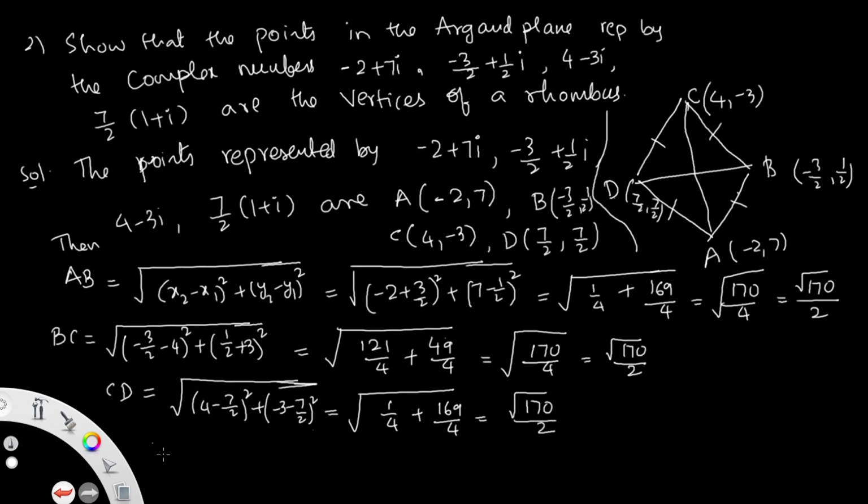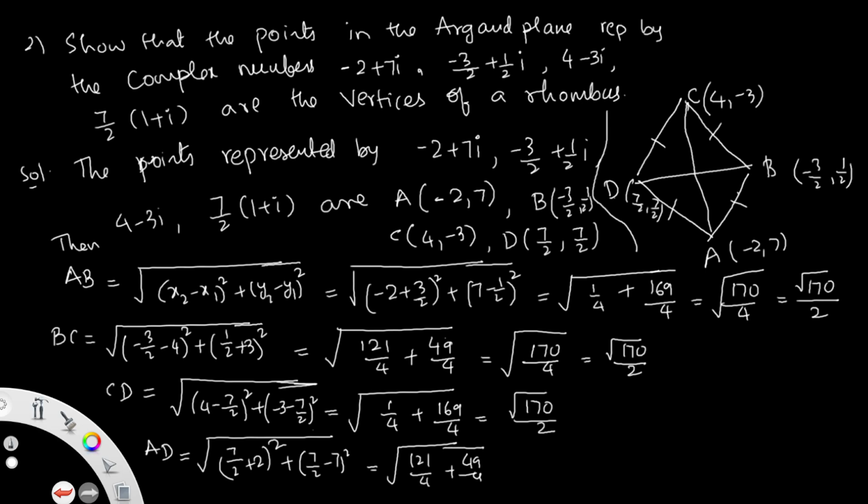Next the distance AD: (minus 7 by 2 plus 2) whole square plus (7 by 2 minus 7) whole square, that is 121 by 4 plus 49 by 4, also root 170 by 2. Therefore AB equals BC equals CD equals AD.